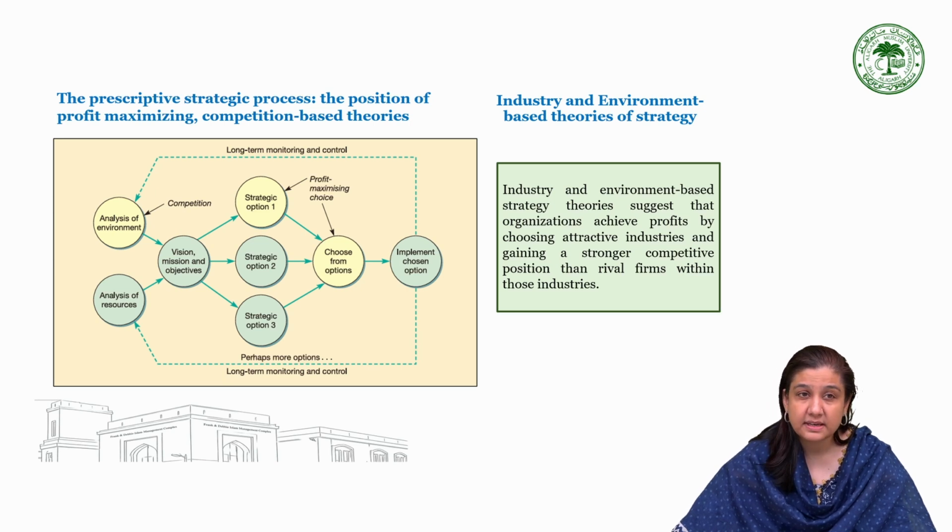This profit is delivered by selecting and then competing in an industry. Such theories are commonly called environment-based theories of strategy. Importantly, the word environment here is not used in the sense of green or sustainability, but it means the external factors acting on the organization: markets, competitors, governments, etc.